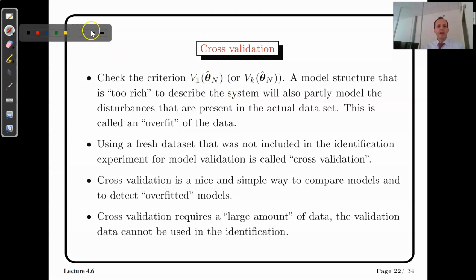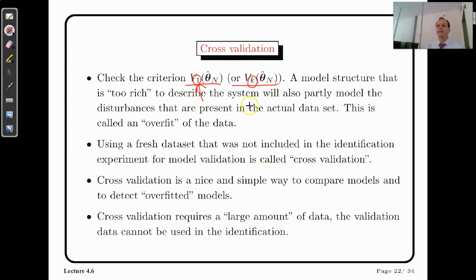So normally, in order to do this, you consider, if you remember, the cost function. The cost function can be one step ahead, as indicated here. V with the subscript 1 means that this cost function is computed with the estimation error obtained by the one step ahead prediction, or in general with K step ahead predictions.